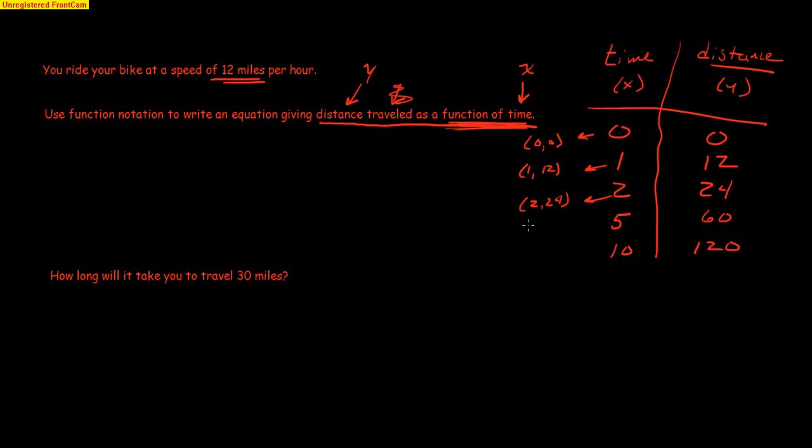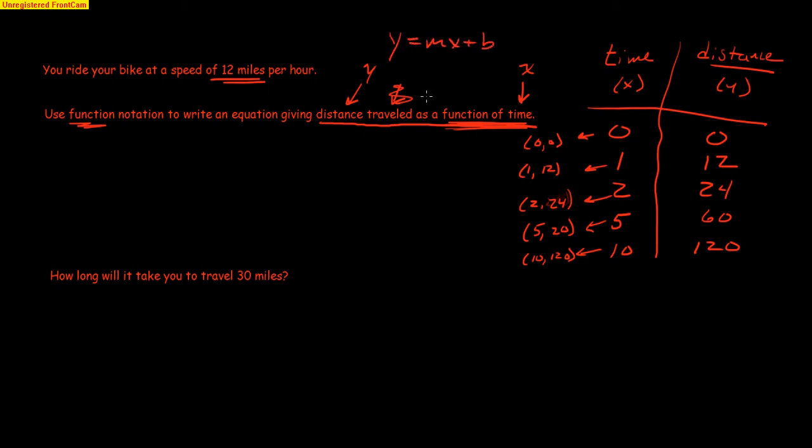I want these all like this so that I can do what I did back in example 3. In order to come up with a function, I need to come up with y equals mx plus b.